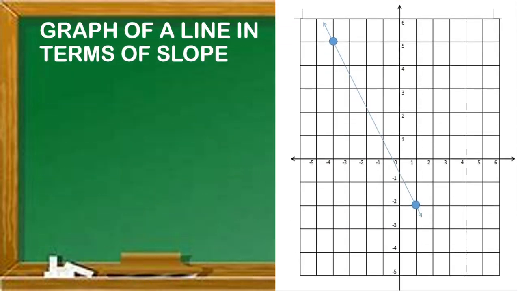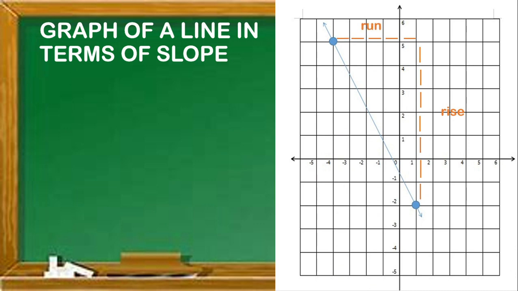Next example, this line here. So we'll count first its slope. Let's have first the rise. Let's count 1, 2, 3, 4, 5, 6, 7. So the rise is 7 and the run is 1, 2, 3, 4, 5.